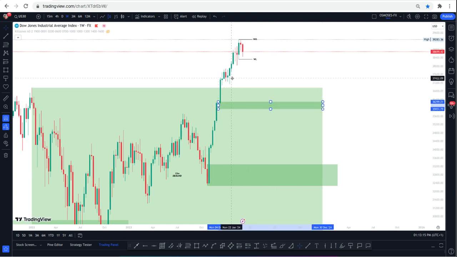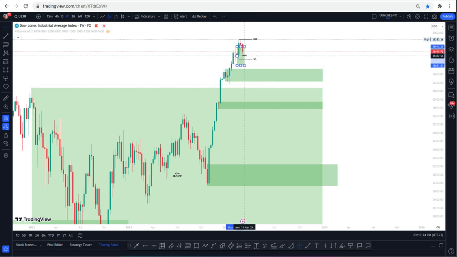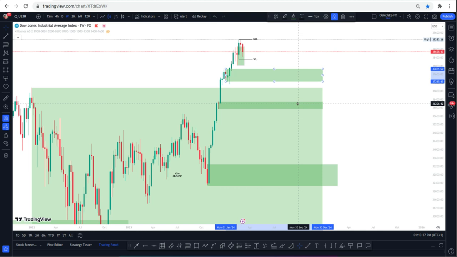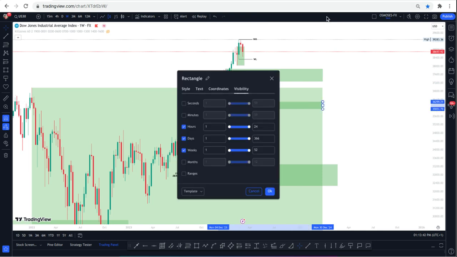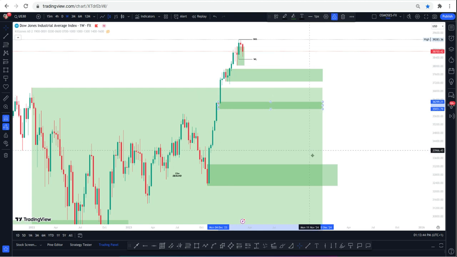We have this, we have this, and presently we are in this. Since we are in this zone, I expect to see a bullish intent inside that zone, and if that zone fails, we'll probably look for any of these zones to complete the job. So let's go down to daily.